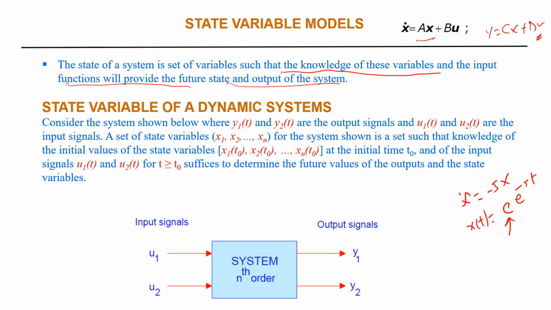Consider a set of state variables x1 to xn for the system shown, a set such that the knowledge of the initial value of the state variables at an initial time and the input signals suffice to determine the future values uniquely.